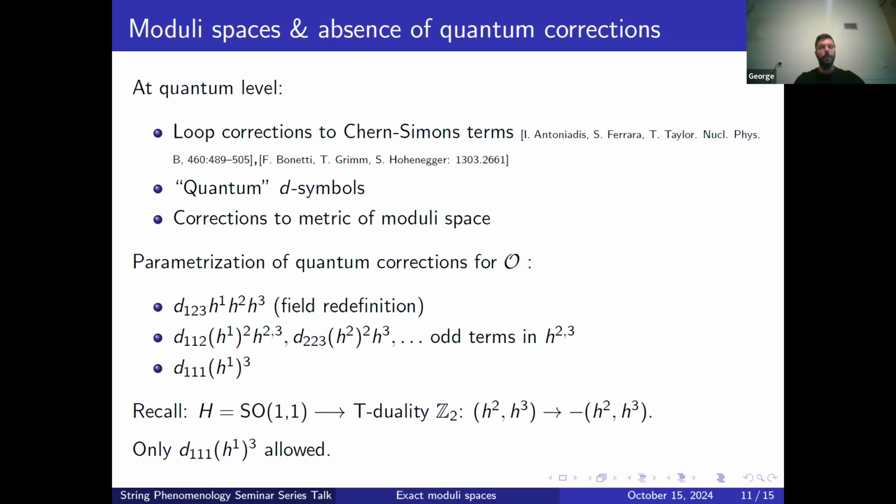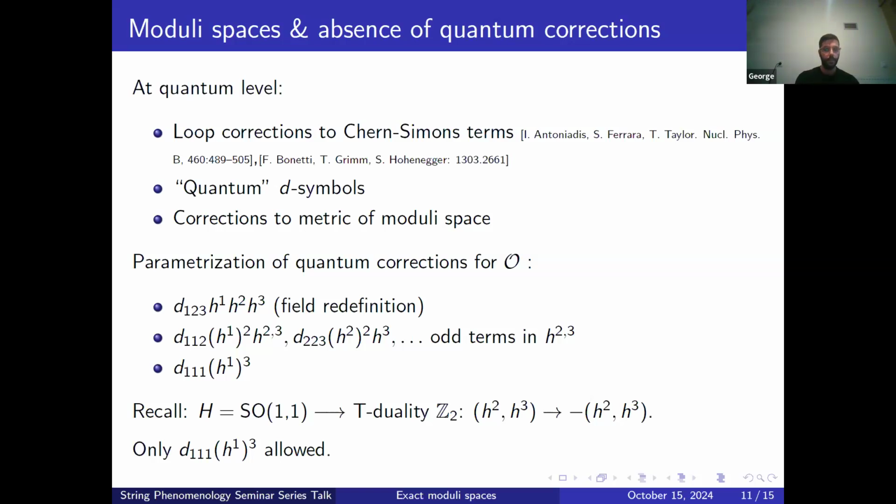The first term that we can add is a term proportional to h1, h2, and h3, but this is simply a field redefinition, and this describes the same space as the classical term, so this is not a quantum correction. The second option is to add terms that are odd in h2, h3, or combinations of h2 and h3, but all these terms are not allowed by the symmetries of the model.